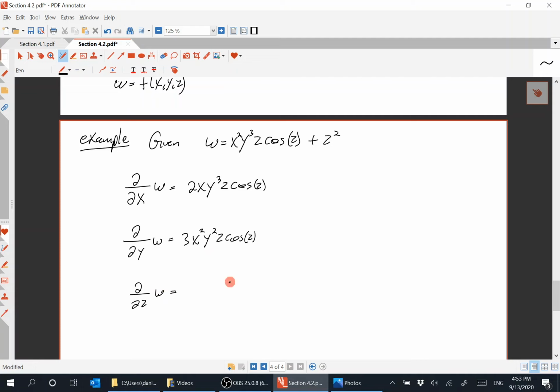Well, I got z cosine z, so I need the product rule times that constant. So derivative of z is just 1, so 1 times cosine z, plus z times the derivative of cosine z, which is minus sine z, all that multiplied by x squared y to the third, plus 2z.